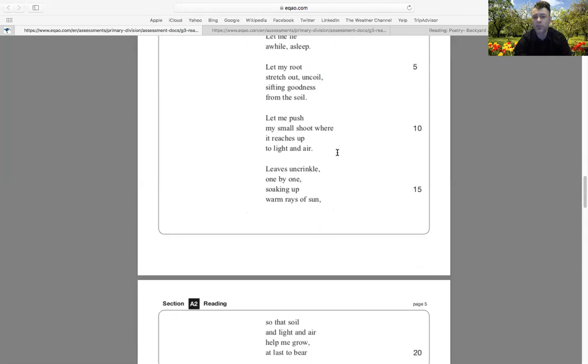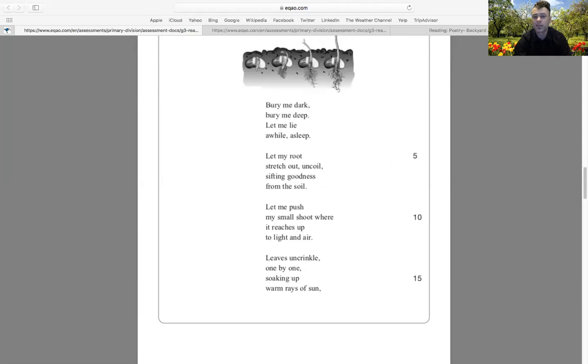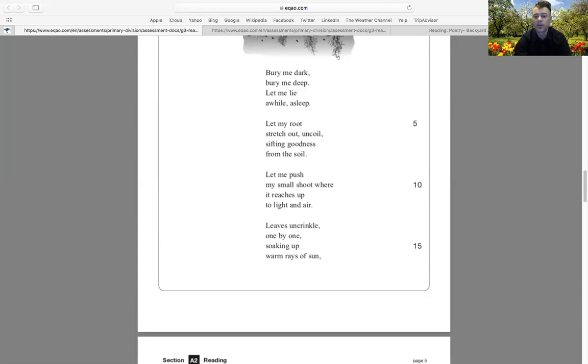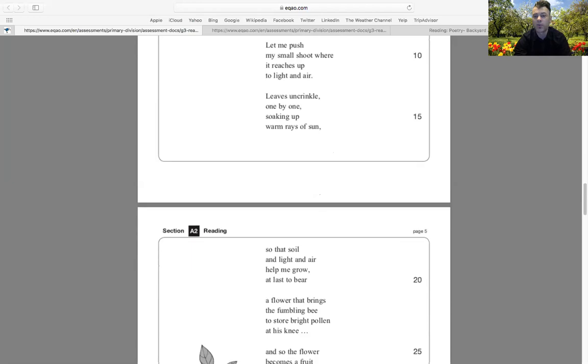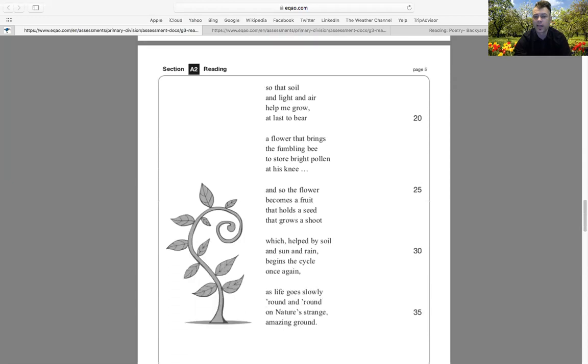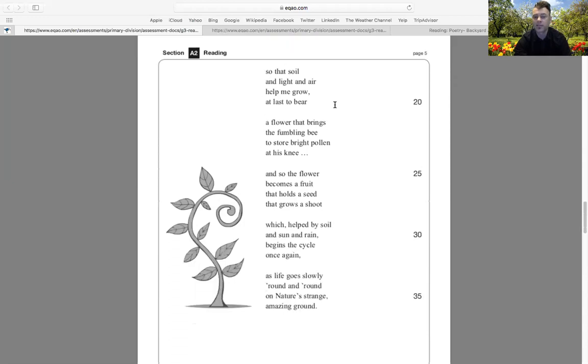It then grows bigger, and there's a transition here where a little bit of time has passed and the shoot is a little bigger. It's got leaves now, so it looks kind of like this now with leaves. Leaves uncrinkle one by one, soaking up warm rays of sun. So this plant is getting bigger, so that the soil and light and air help me grow at last to bear.